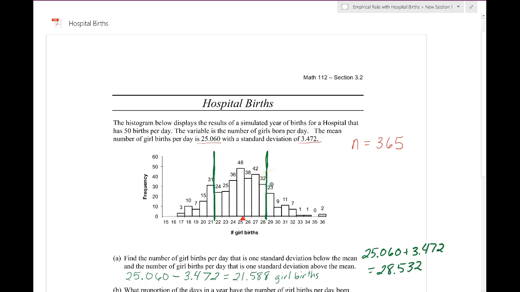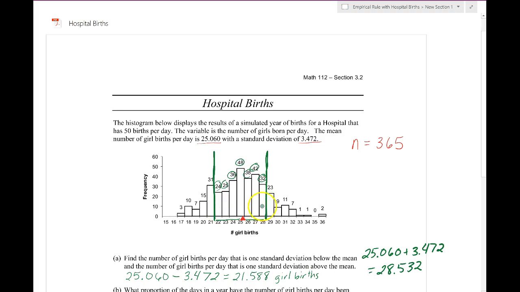Now I'm on part B. If I want to know the percentage of girl births that were within 1 standard deviation from the mean, here's 1 standard deviation above, here's 1 standard deviation below. Within 1 deviation, I take these frequencies and add them all up. This is how much of the data is within these 2 limits.